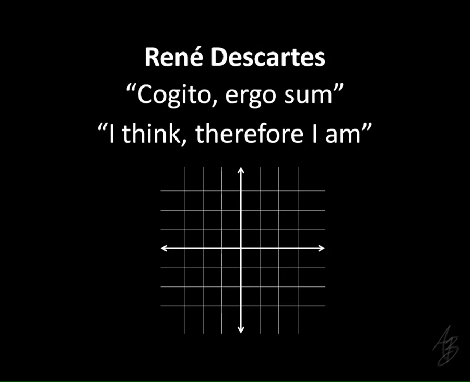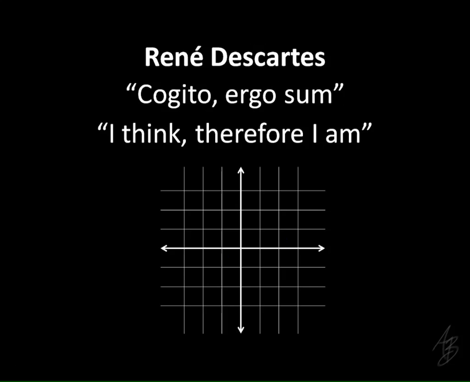Analytic geometry is geometry on the coordinate plane. So Rene Descartes came up with the coordinate plane. It's actually called the Cartesian coordinate plane, named after Rene Descartes. Anybody ever heard that term, Cartesian? Maybe, maybe not. So the Cartesian coordinate plane is named after this philosopher and mathematician, Rene Descartes.